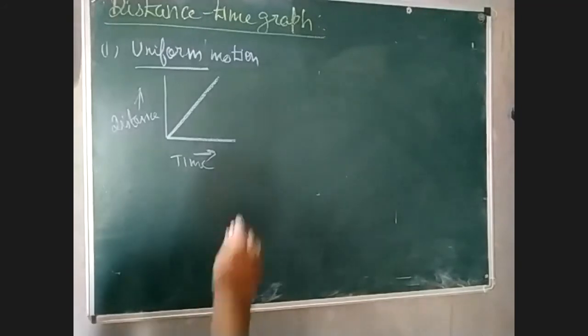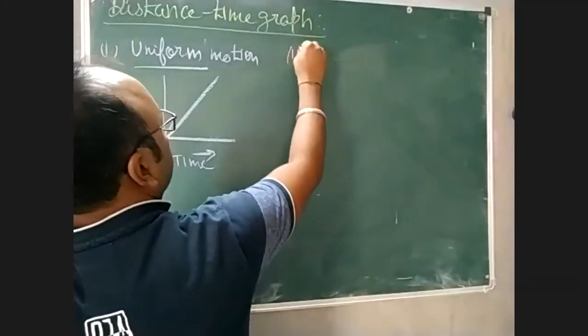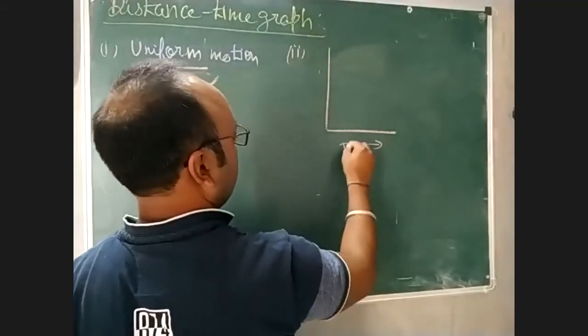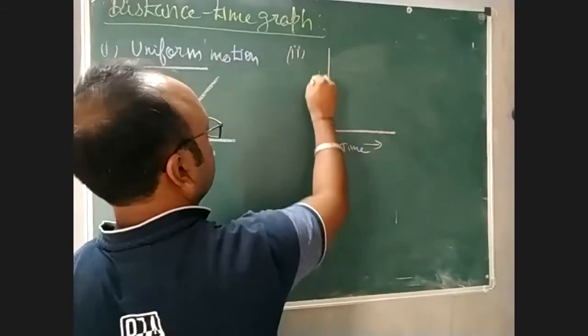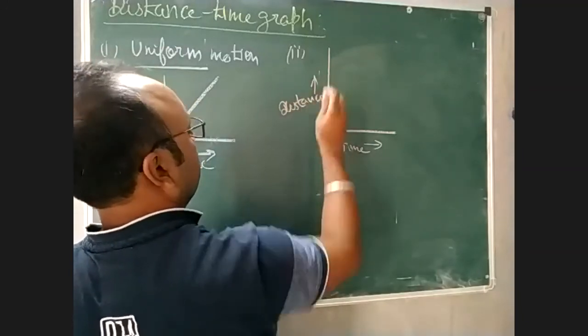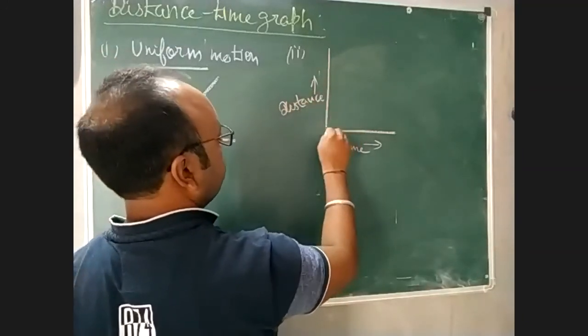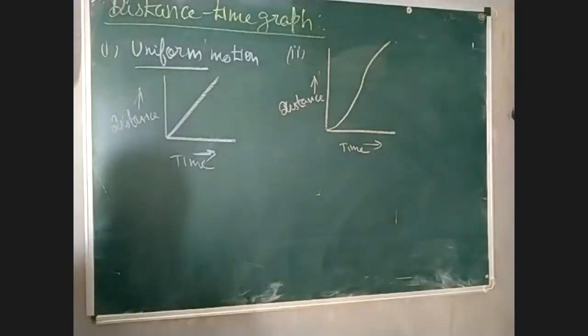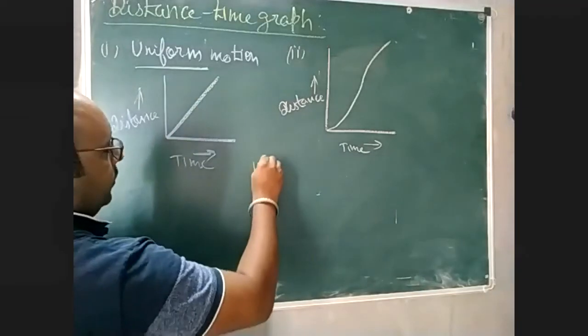And on the other side, if the body is moving with non-uniform motion, then it will not be a straight line. So a curved line will be there. One more I would like to share with you.